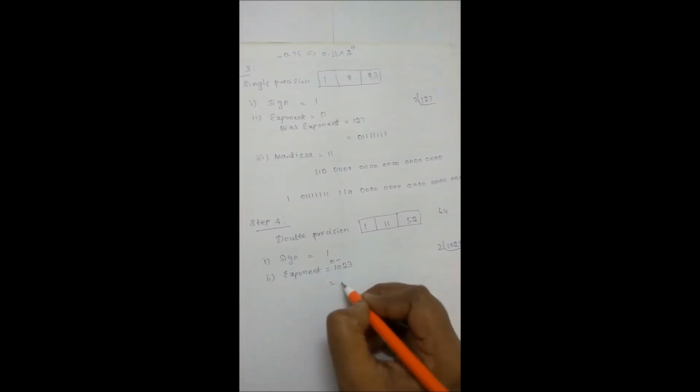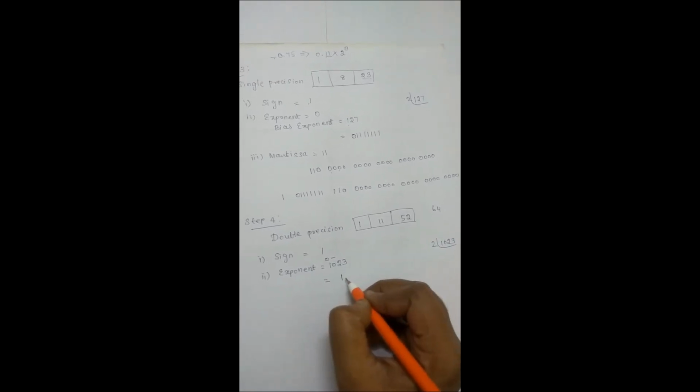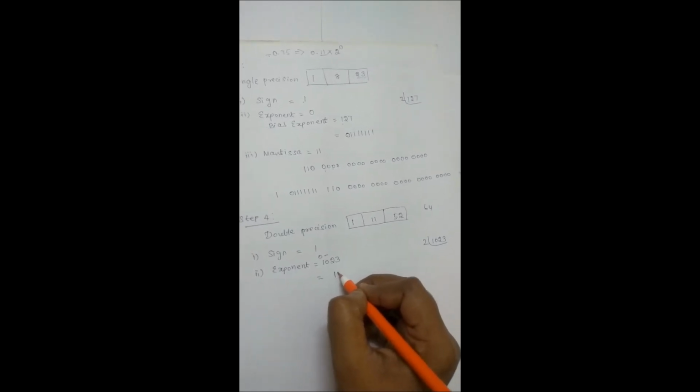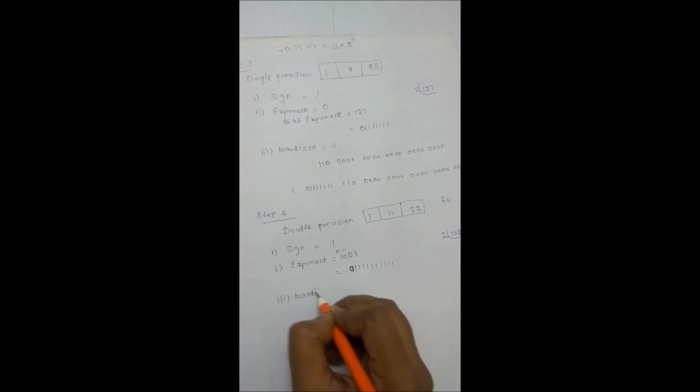Our exponent is 0, so 0 plus 1023. For 1023 we take the LCM method, which gives a binary value of 10 ones. Since the exponent needs 11 bits, before the ones I add a 0. So this is the exponent. The last step is to calculate the mantissa.